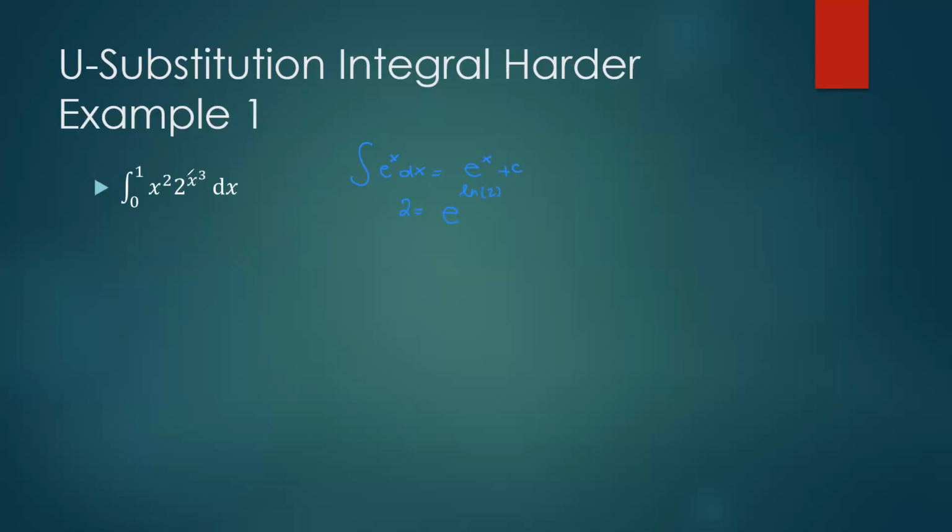But we want 2 raised to the x cubed, so 2 raised to the x cubed is, now what's the rule for raising a power to a power? You multiply the exponents, right? So it's going to be e to the ln of 2, raised to the x cubed.